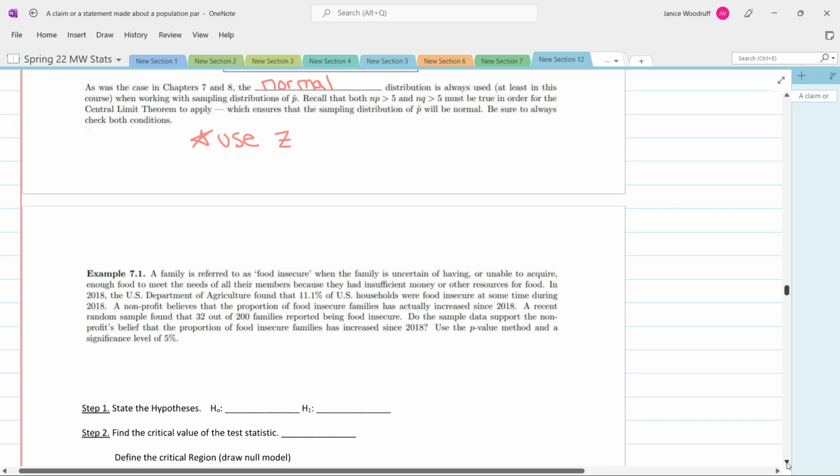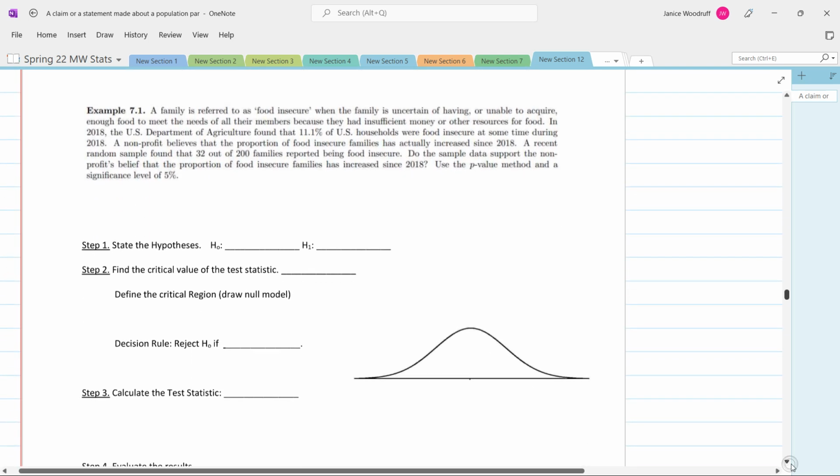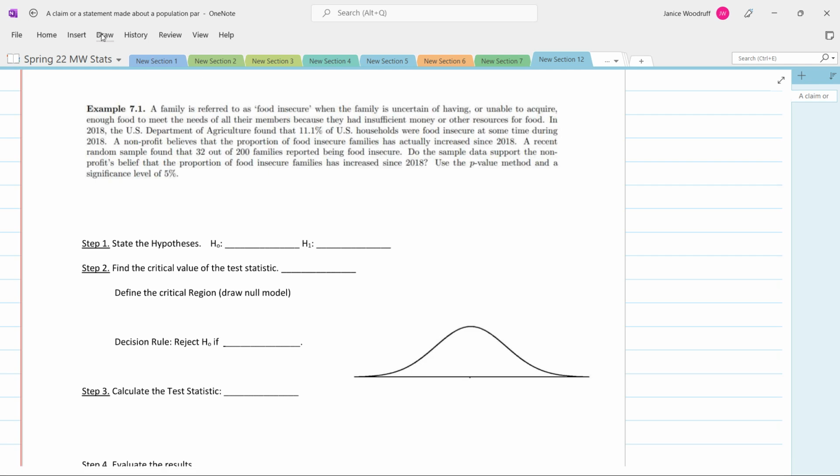Example 7.1. A family is referred to as food insecure when the family is uncertain of having or unable to acquire enough food to meet the needs of all their members because they had insufficient money or other resources for food. In 2018, the U.S. Department of Agriculture found that 11.1% of U.S. households were food insecure at some point during 2018.